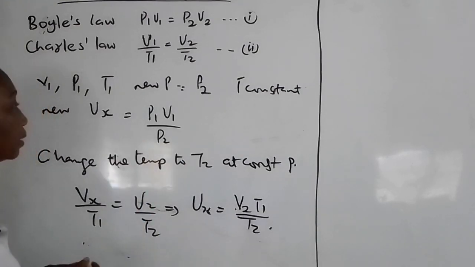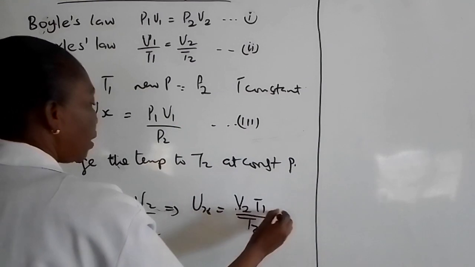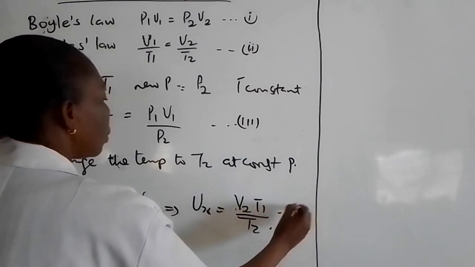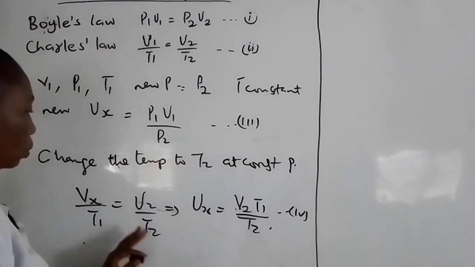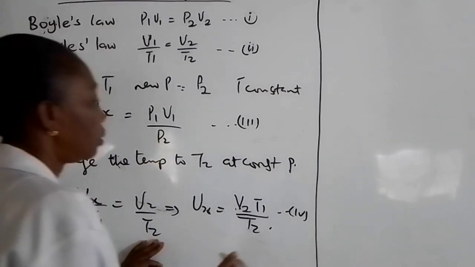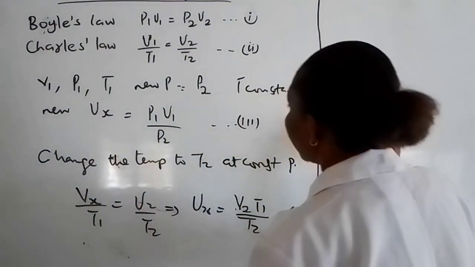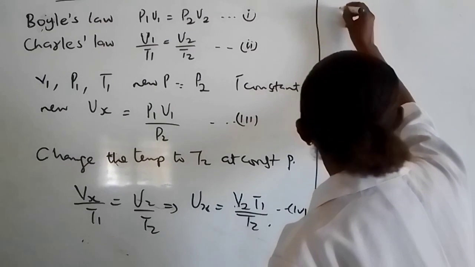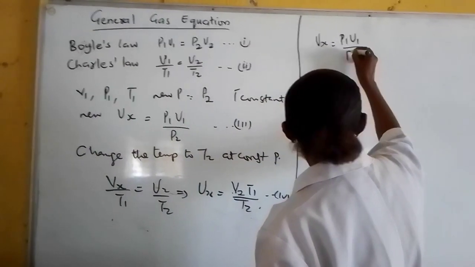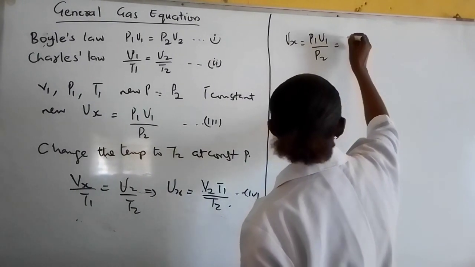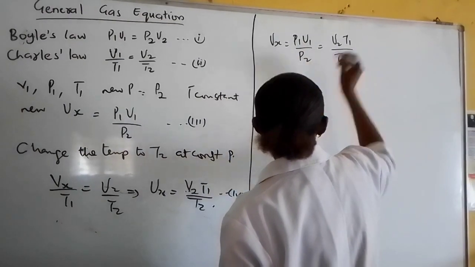Now, say this is equation 3 and this is equation 4. When we combine Boyle's law with Charles's law, we generate the general gas equation. So Vx is equal to P1 V1 over P2, which is equivalent to V2 T1 over T2.